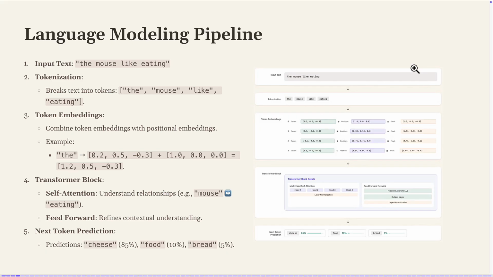At the end, by processing this input as embedding vectors, we will have an output which predicts the next word. For example, for "the mouse likes eating," we can have several possible tokens as a prediction. Let's say the top three are cheese, food, and bread.